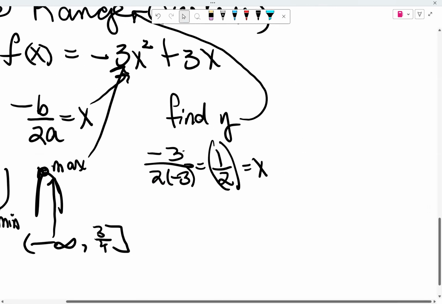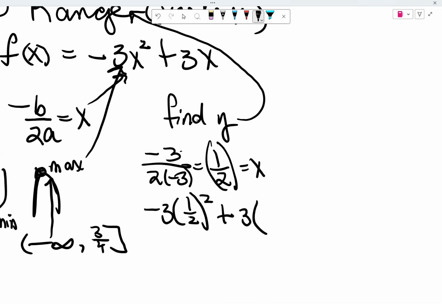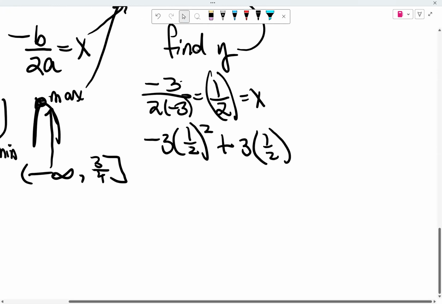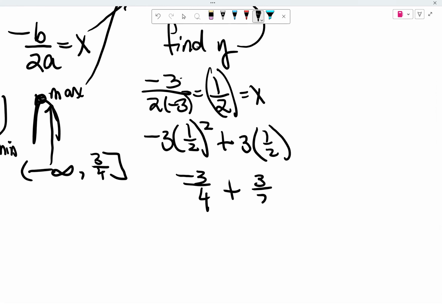To find the y, you're going to take negative 3 times 1/2 squared plus 3 times 1/2. So this gives me negative 3 over 4 plus 3 over 2. However, before I add these, I have to build that denominator up by multiplying by 2 over 2 on either side.